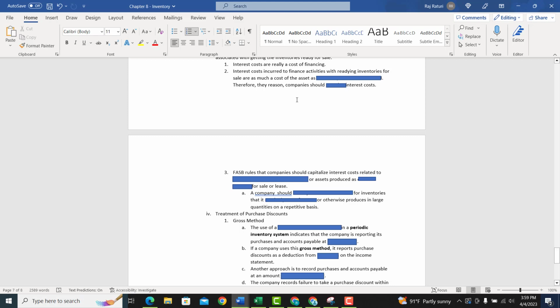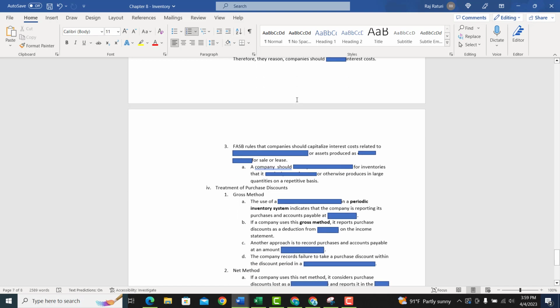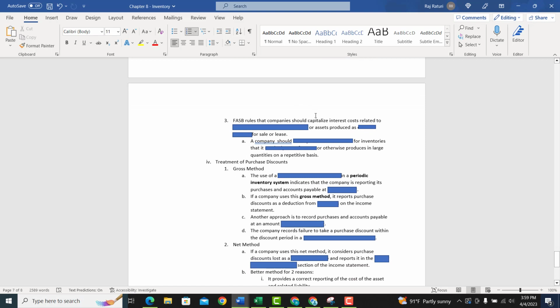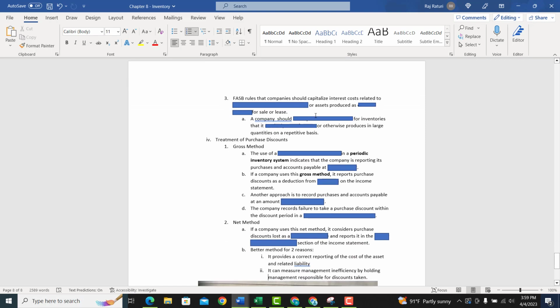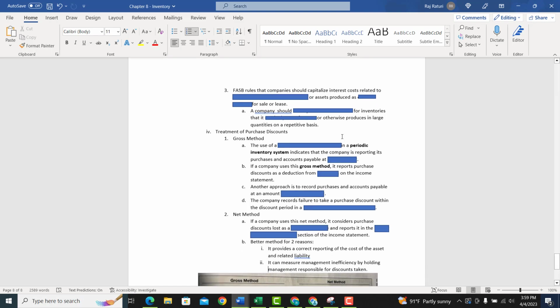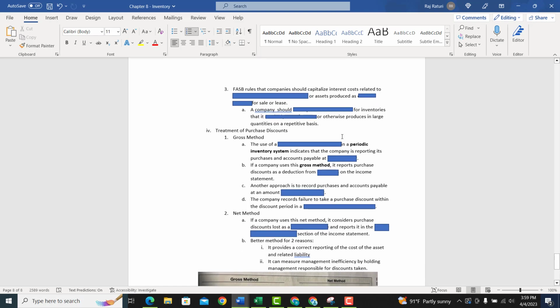Therefore, they reason that companies should capitalize interest costs. Under FASB rules, companies should capitalize interest costs related to internal construction of assets or assets produced as a discrete project. A company should not include capitalization for inventories that it repetitively manufactures.